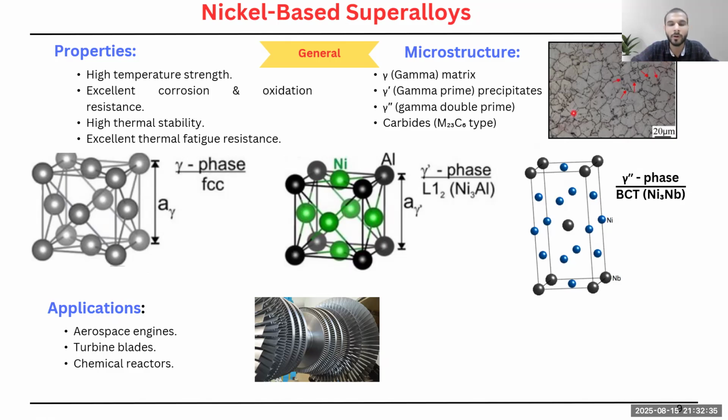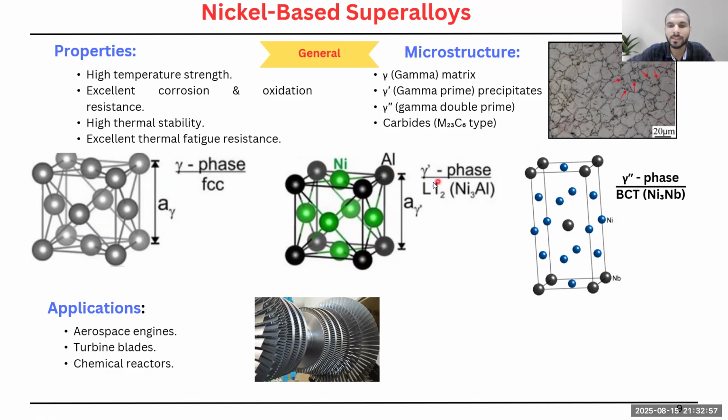And now let's talk about their crystal structure. So the gamma phase is ductile and it has a crystal structure of FCC, and this gamma prime has a composition of nickel and aluminum. It is Ni3Al.